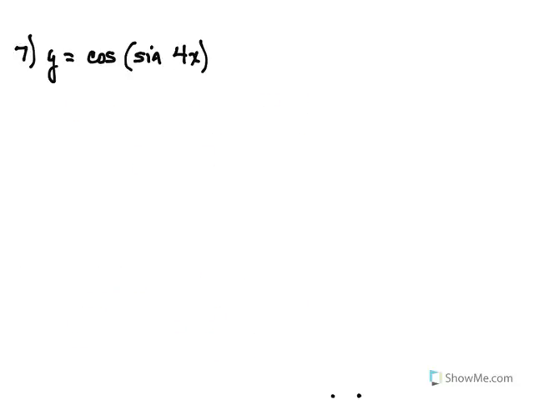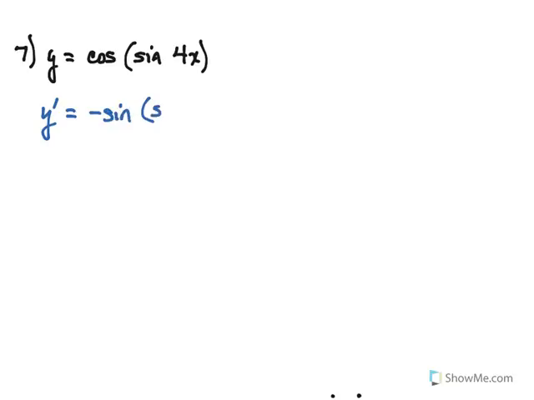Let's look at a couple of other examples of trig equations. So once again, the outside function is cosine, and this one has three functions. We have a cosine, we have a sine, and a 4x. So many embedded functions here, but still we're going to start on the outside. Derivative of cosine is negative sine.